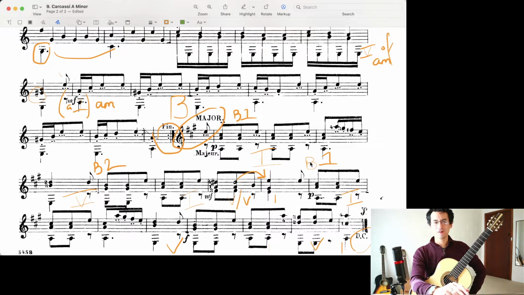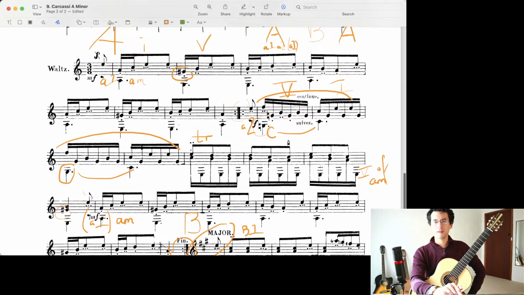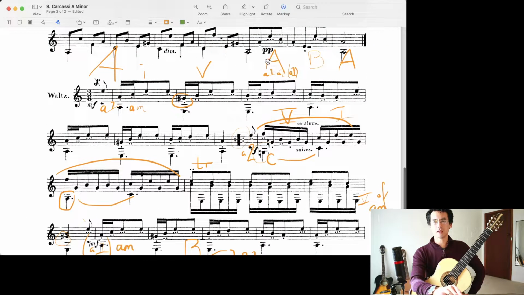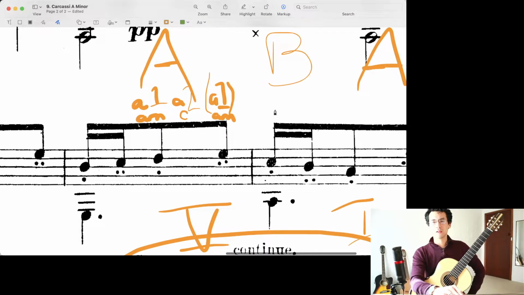Okay, so form and keys. We're seeing it's fairly straightforward. The A section, we're in A minor, and then C, and then A minor. And in the B section, we could say there's a B1, B2, B1.